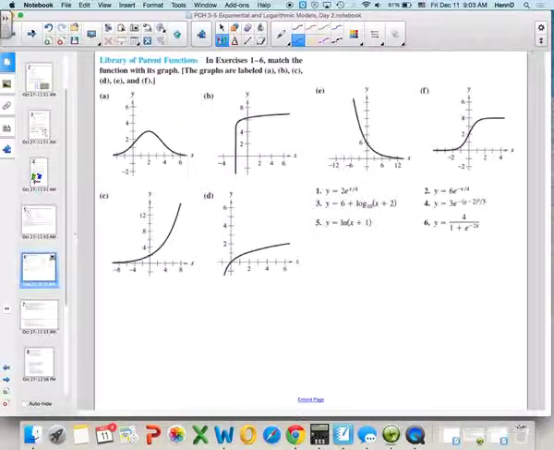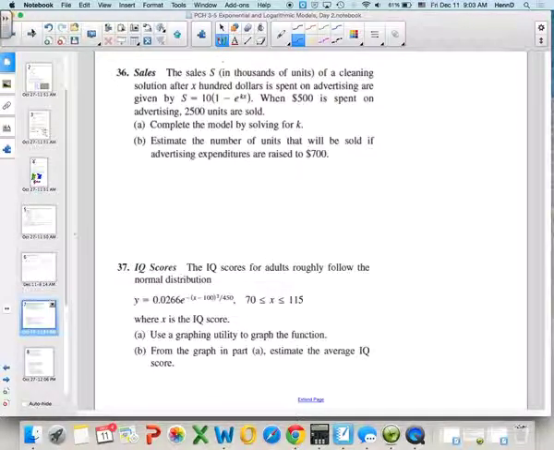But right now, take some time and skip to number 36. And you can use the last 10 to 15 minutes of class here to practice working with some of these. And pay close attention to what the variables are representing, because some of these are just plug a value into the formula and evaluate, okay? Don't overcomplicate those. Others, however, you have to set it equal to something, okay?